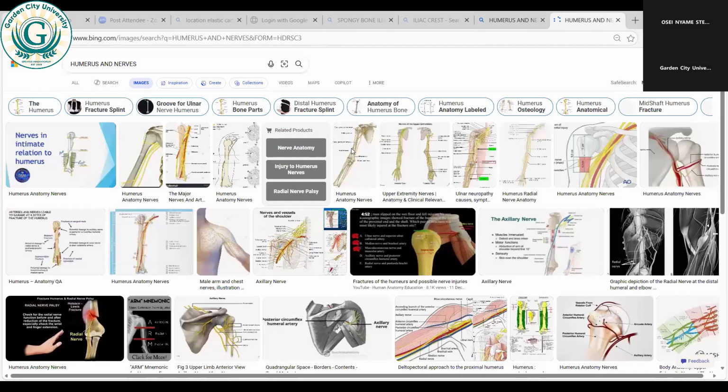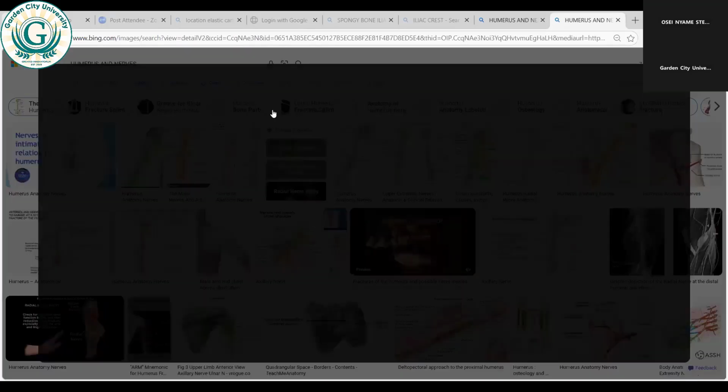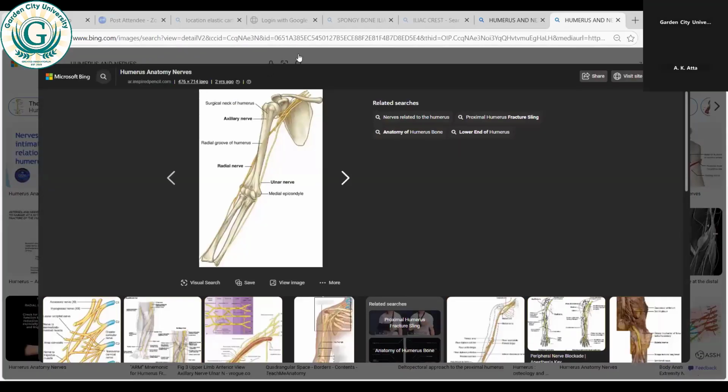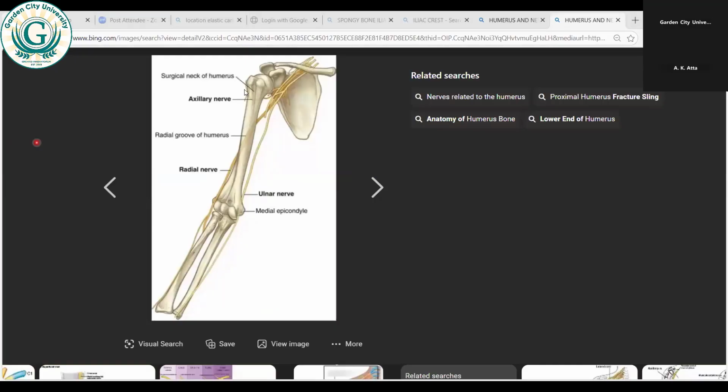So I think we can look at this image here. So this is the humerus. This side is the surgical neck. We said that this is the head and this is the anatomical neck. This one is the surgical neck.